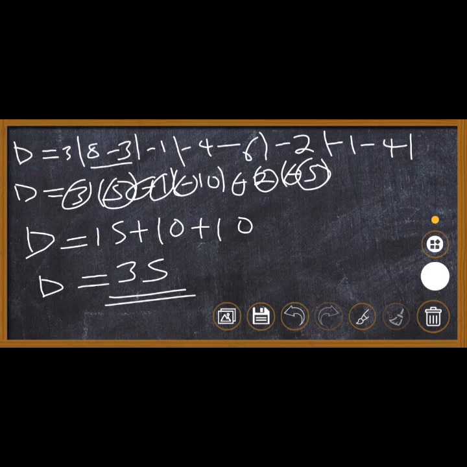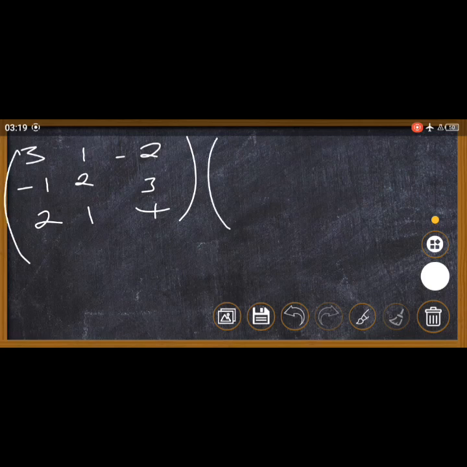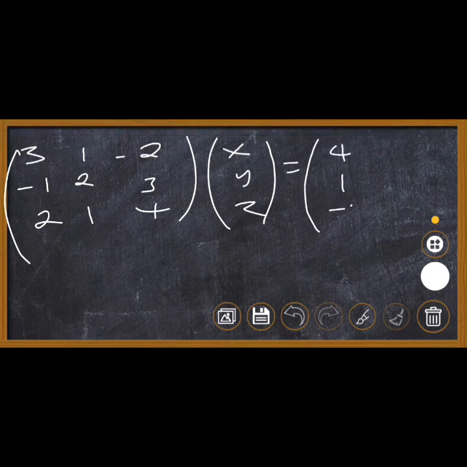So let's also find the values. Remember our general matrix was 3, 1, negative 2, 3, 4, and then 2, 1, negative 1, 2 here, and then here we had X, Y, Z, and then 4, 1, negative 2. So this was our general matrix, and we have also found the determinant of this.